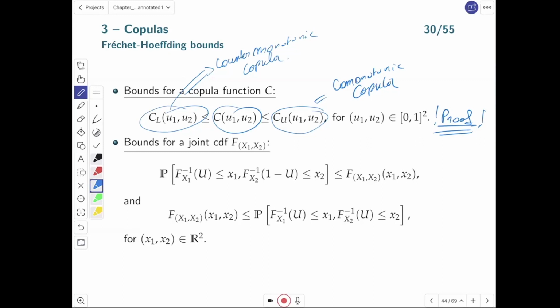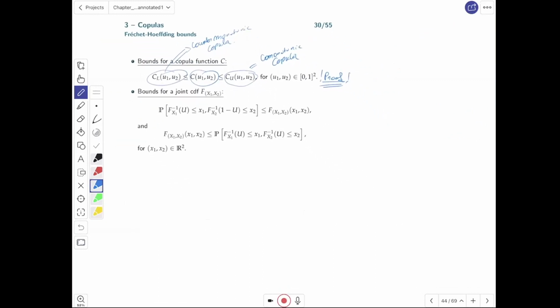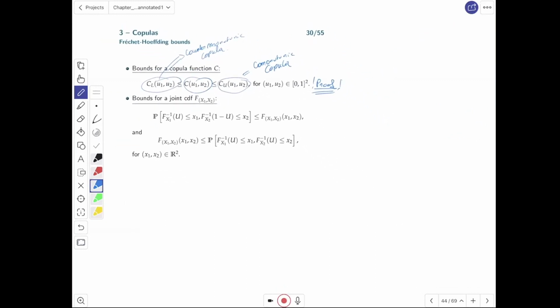Because you can link a copula with a joint CDF, right? So the result was that the joint CDF of X is the copula function applied on F_X1(x1), F_X2(x2).